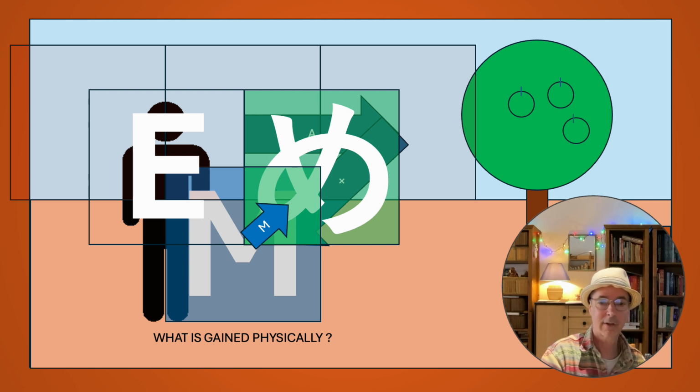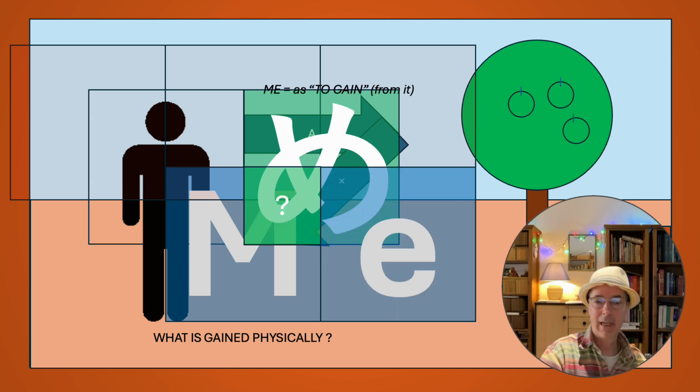That's how you have to associate it. Something physical will come out of it. Me, so that you have something extra that you can gain from it physically, in physical space, in a physical association, in space.